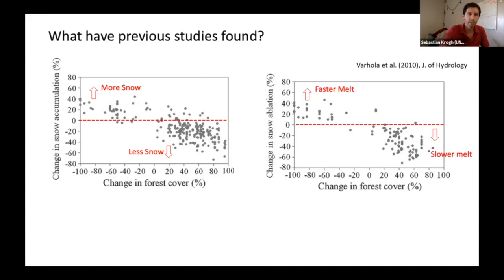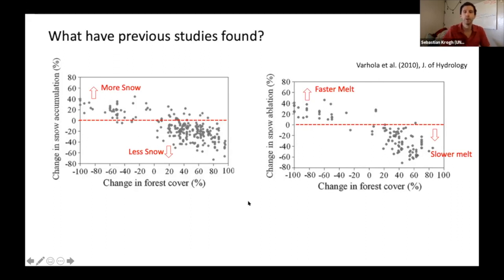So you can see that, as you decrease your forest cover, you're typically getting more snow. And as you have more forest cover, you get less snow. Now, I want to highlight the big variability, or the big scatter, in these plots. So for example, if you have 60% more forest, then you can go from reducing 60% in your snow accumulation to 0, or even increasing a little bit.